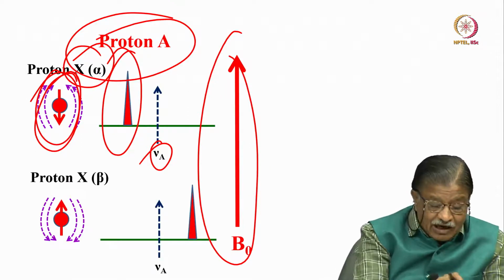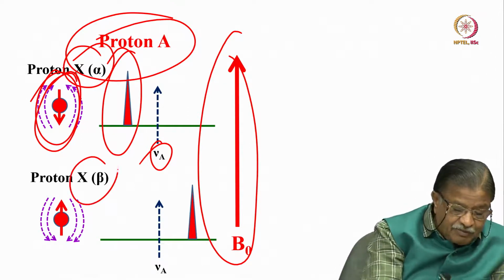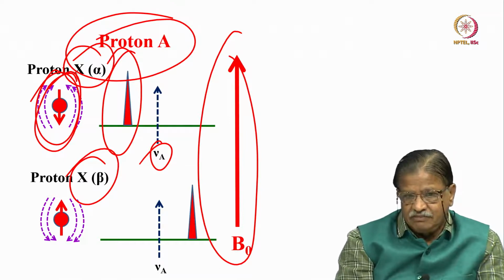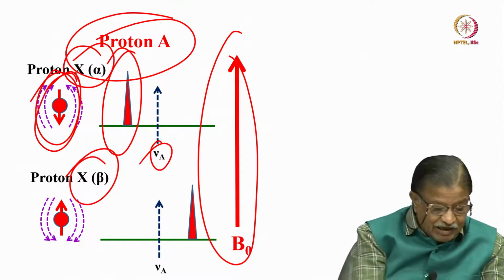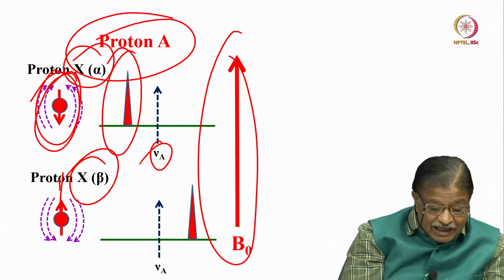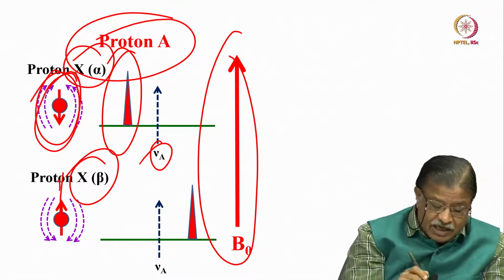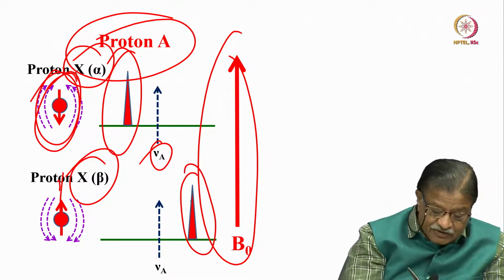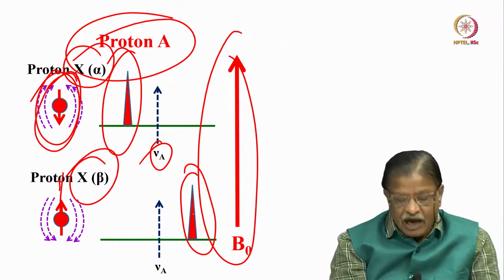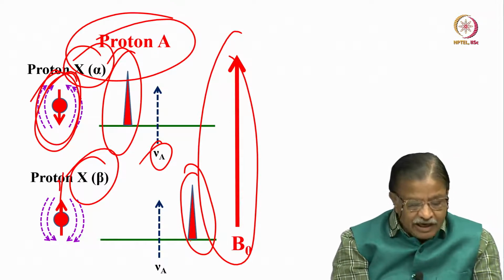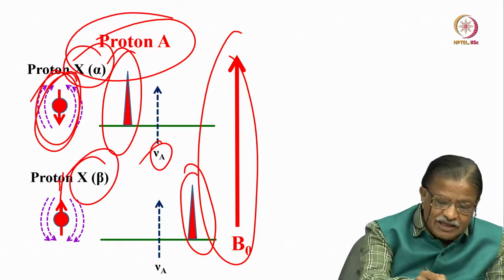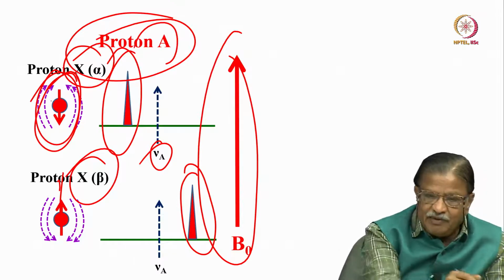Now, it can also see proton X in beta position, in beta state, that will be an orientation like this. Then it will also see another energy state. Because of that it resonates at higher field, it comes here. Altogether proton A sees proton X in alpha and beta states.